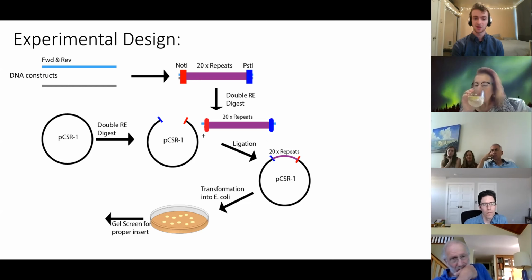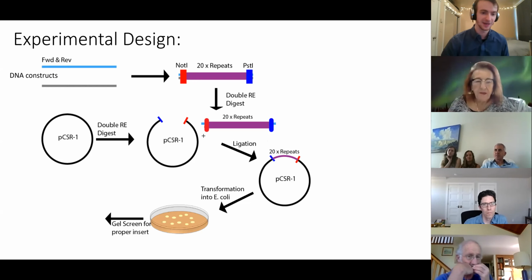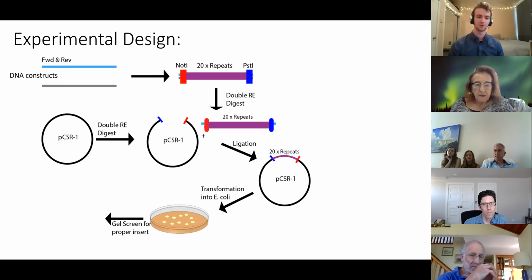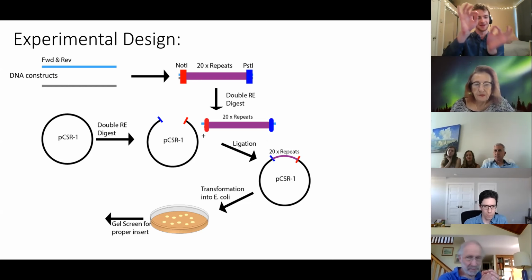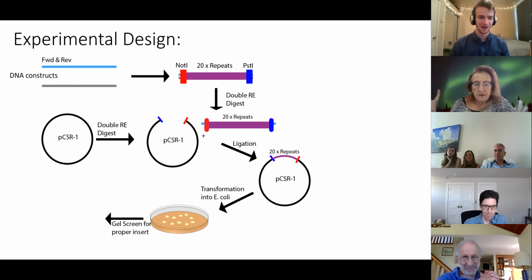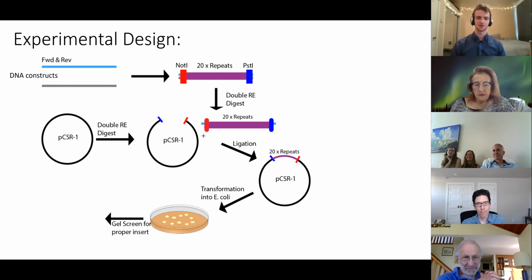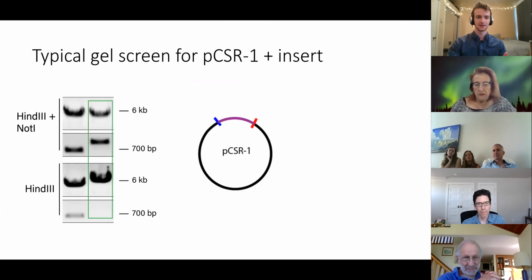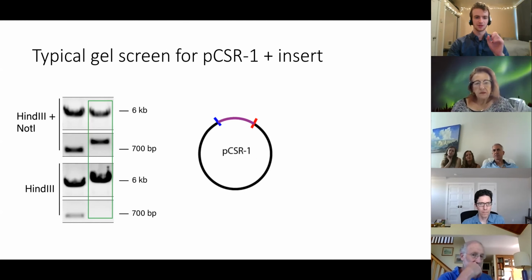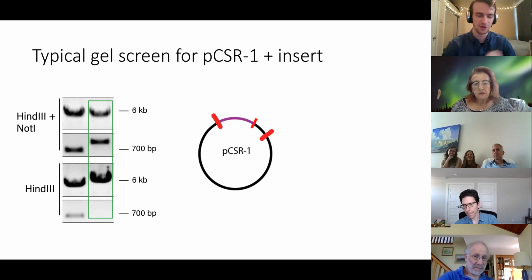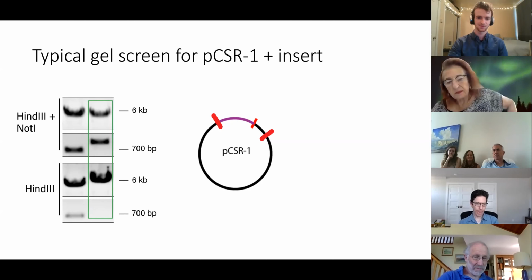But first I had to make sure that the insert was actually in there, because you can't see these plasmids with the naked eye. They're way too small, so you can't just hold it up to the light and say, oh yeah, of course. So I did what's called a gel screening, which is basically you take the plasmid DNA you see in the middle there, and you digest it with the restriction enzymes you see on the far left.